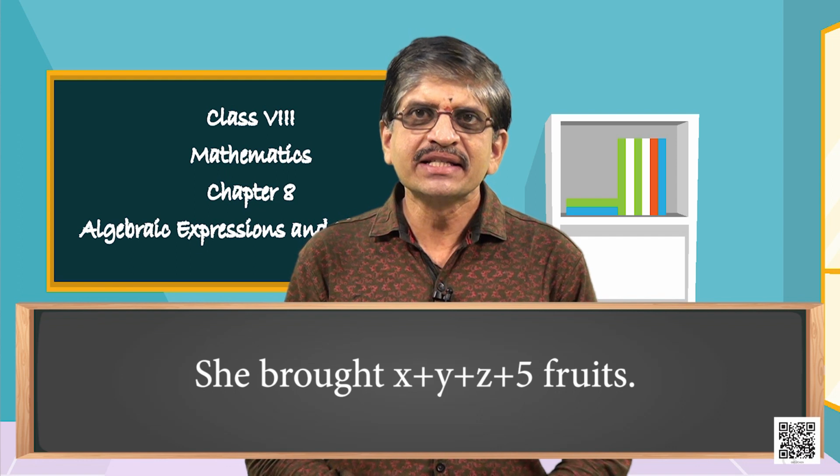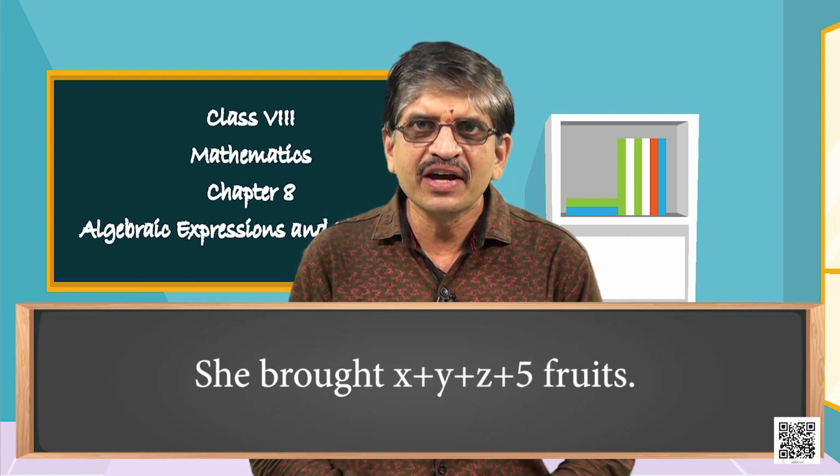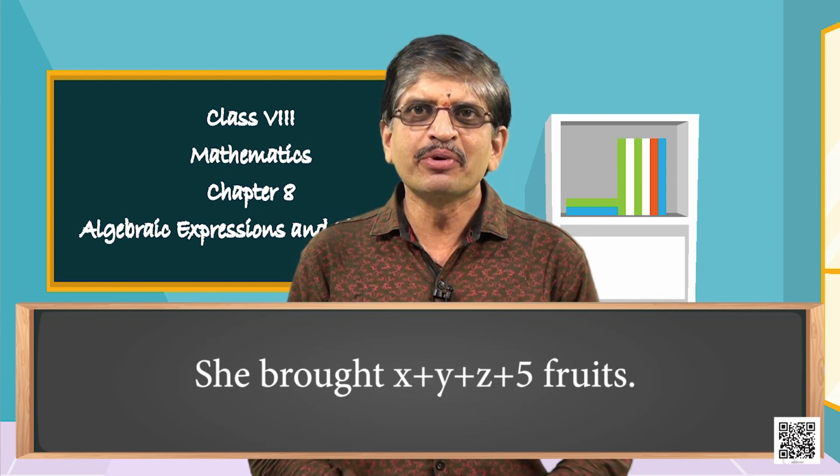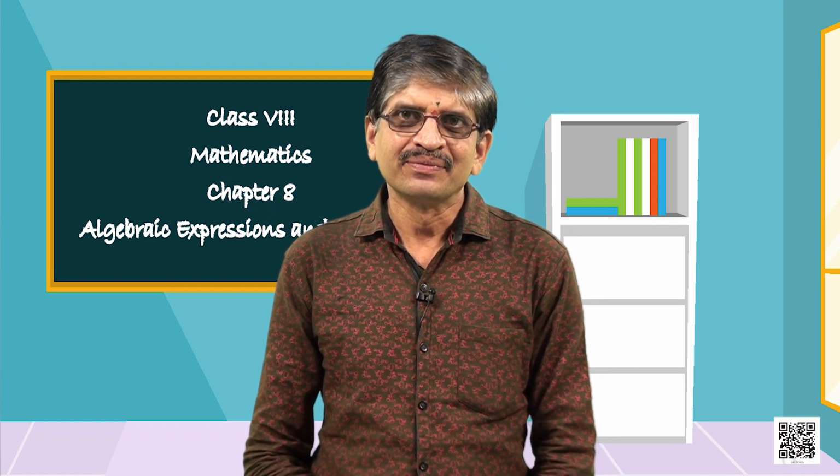This X plus Y plus Z plus 5 is called an algebraic expression which is formed with the variables X, Y, Z and the constant 5. Today we will learn one of the interesting topics, algebraic expressions and identities. Are you ready? Good.